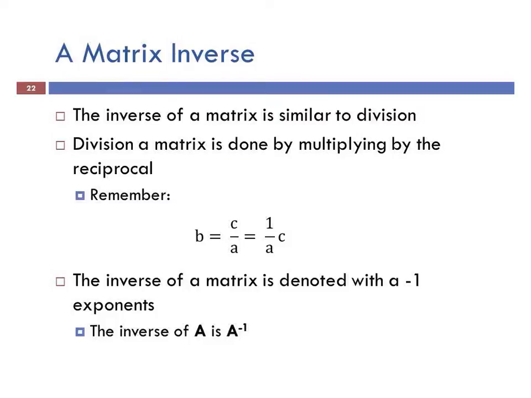For the last operation that you're going to learn, we're going to finish up with the matrix inverse. This is essentially related to division using matrix algebra, where division is done by multiplying by the reciprocal.